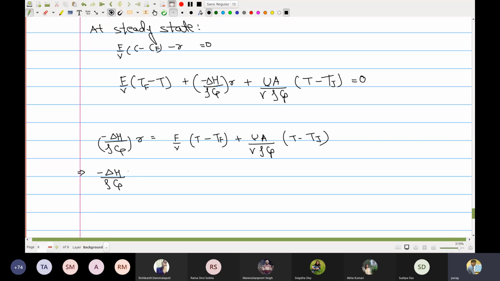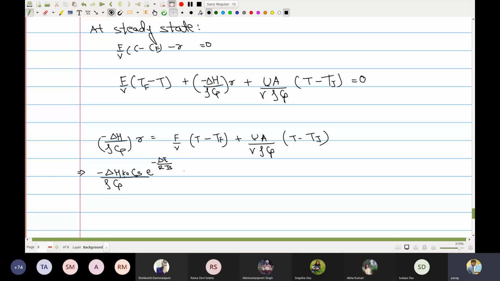The rate of reaction can be written as the pre-exponential factor times e to the power minus delta E upon RT, times the concentration. So this is the steady state concentration, e to the power minus delta E upon RT steady state, right?